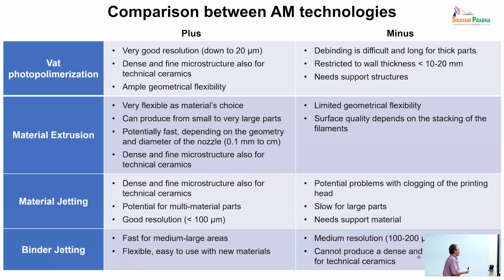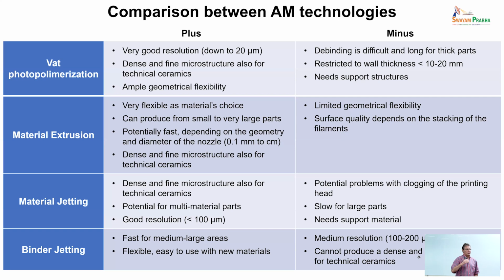So we can say that VAT photopolymerization gives you a very high resolution, and of course we need to quantify that. When I talk about resolution, bear in mind that you have 3 directions in space. In the Z direction, the layer thickness can be down to a few microns, 10 microns, but typically you want to be working with 25 up to 100 microns in order to not take too long to build your part.